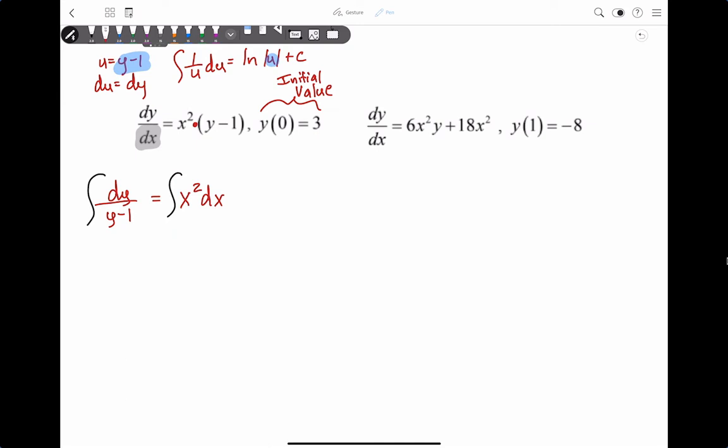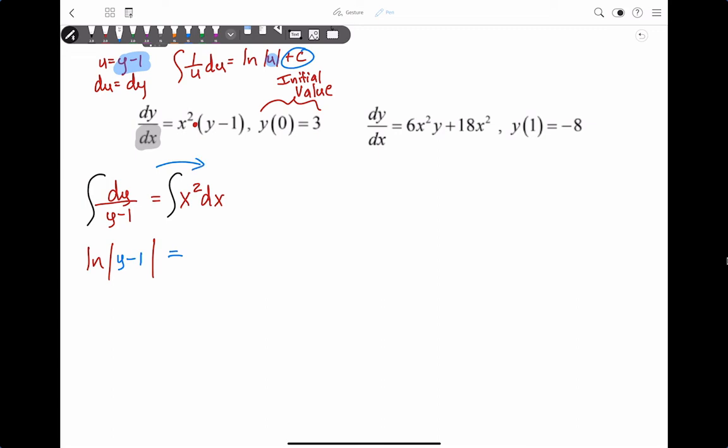So the shortcut is, if your bottom piece is linear, well then it's going to be the exact replica as long as the coefficient of your variable is a positive 1, okay? So in this case, it's just going to be the natural log of the absolute value of what you see, y minus 1. And we're going to go ahead and take care of this plus c by adding it to the right side with the x squared piece.